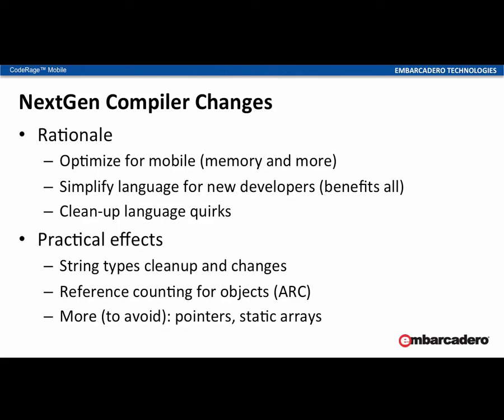There is also the need to simplify the language, to improve it, to clean it up. Some of these changes are meant for new developers, but ultimately every Delphi developer will benefit from a cleaner architecture. Honestly, there have also been some language quirks and strange behaviors that we're trying to clean up a little bit.